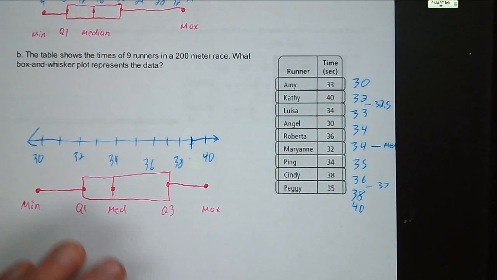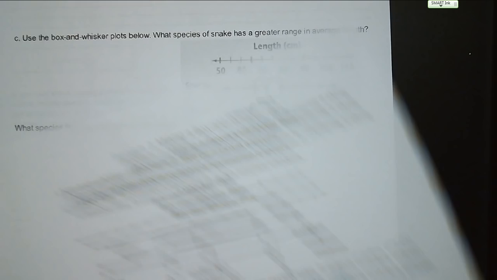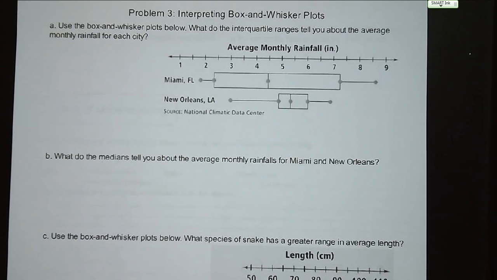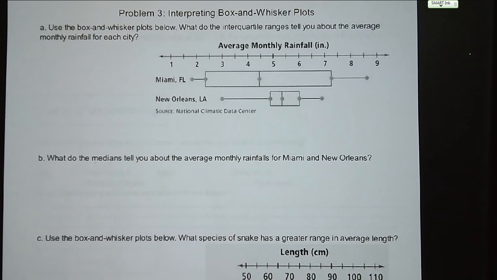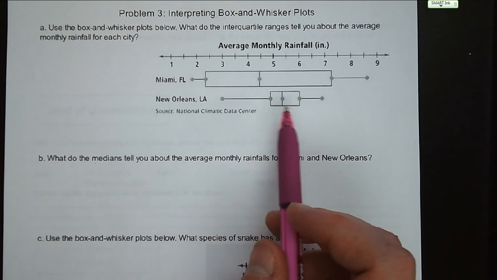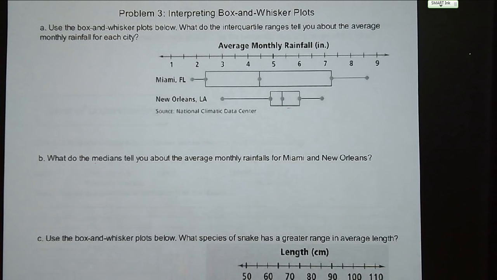Okay. All right. Next section we are looking at is interpreting box and whisker plots. So using the box and whisker plot below, what do the interquartile ranges tell you about the average monthly rainfall for each city? So we've got Miami and New Orleans. Now, let's take a look at these interquartile ranges. Remember, this was the middle 50% of the data on these 2 cities.